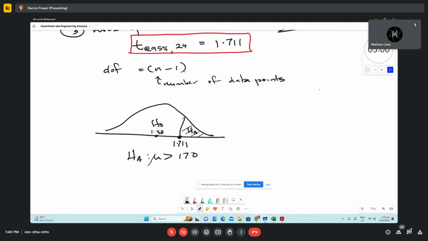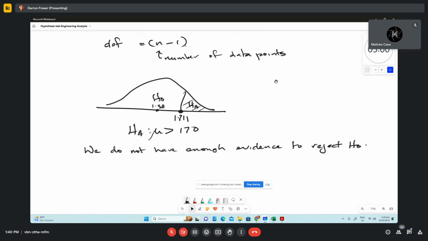HA, the borderline, is 1.711. So therefore, we do not have enough evidence to reject H0.